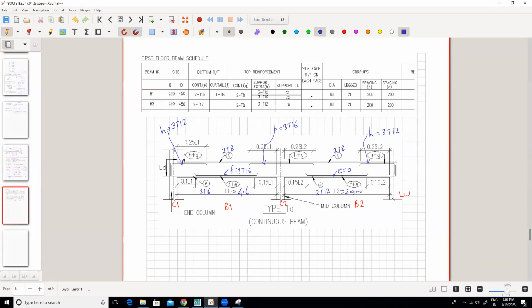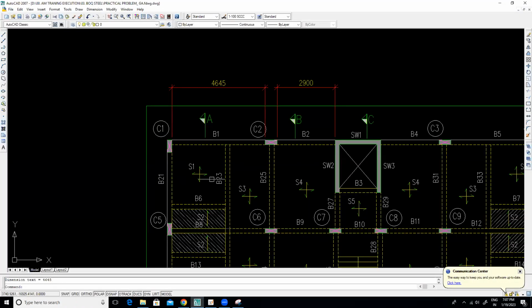Now we want the dimensions of the columns also like this, right? So this dimension, then column dimension, this dimension, width, and this wall, lift wall dimension. What is that? This is 230, this one is 600, and this one is lift wall thickness 200.